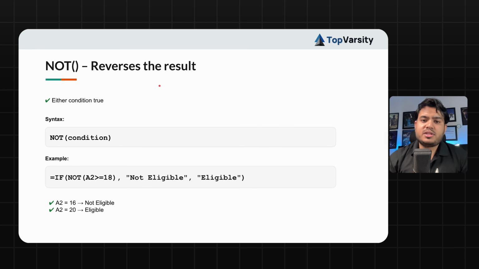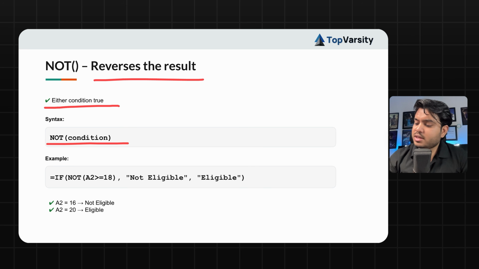Now next is NOT. NOT reverses the result. Whatever result you have, it will reverse it. For example, with NOT, if A2 is not greater than 18, then not eligible, and if it is greater than 18, then it's eligible.